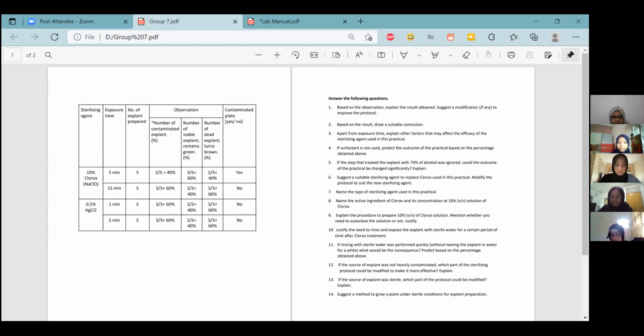Because of that, we choose the shorter exposure time, and the contaminated plate is at the exposure time of 5 minutes.